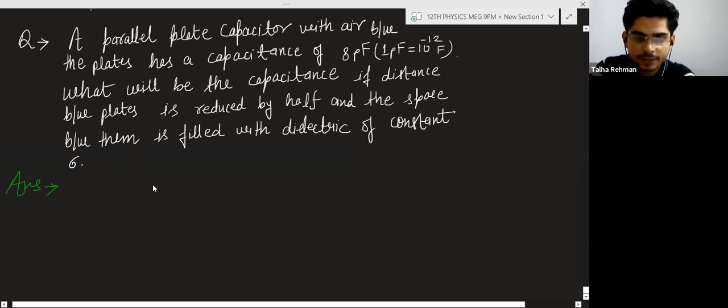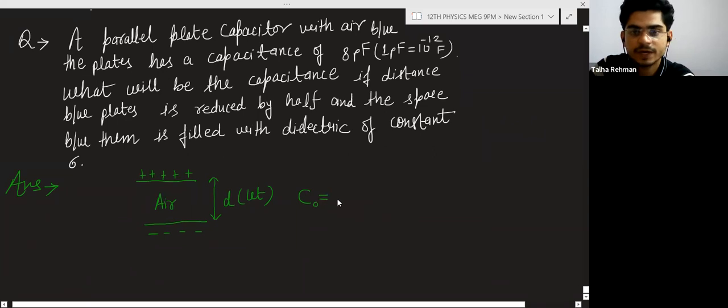And now here is a parallel plate capacitor like this. This is the capacitor, and the distance between the plates, initially suppose let's say d, and the capacitance when the air is present is given by 8 picofarad, which I can convert into farad.